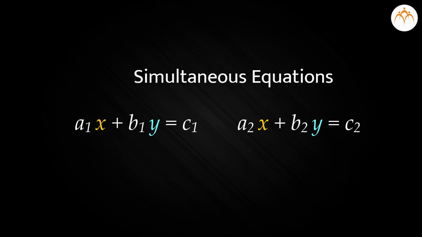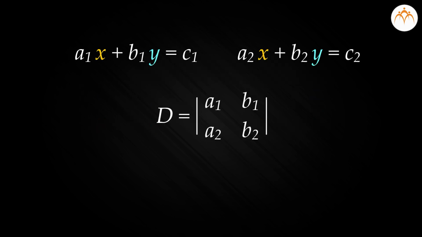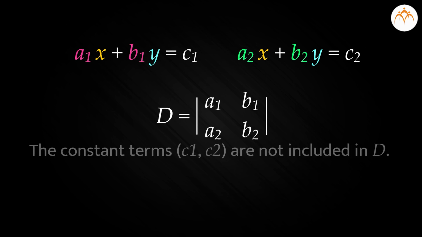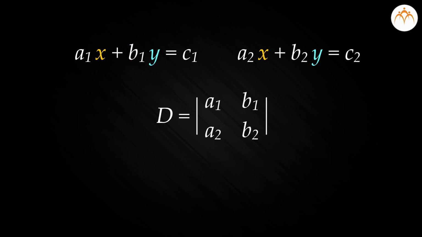Now from these equations, we write the determinant D as D equal to a1 and b1, a2 and b2. Note that the constant terms c1 and c2 are not included in D. This is the determinant of the coefficients of x and y.